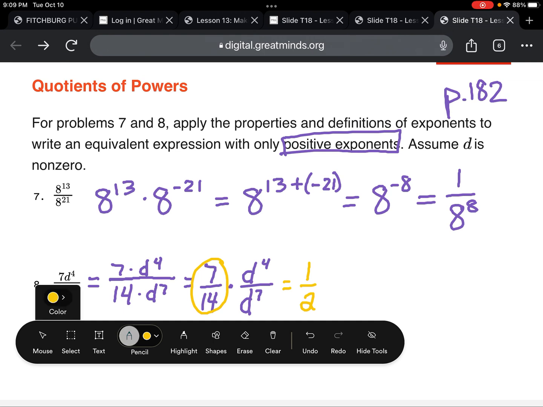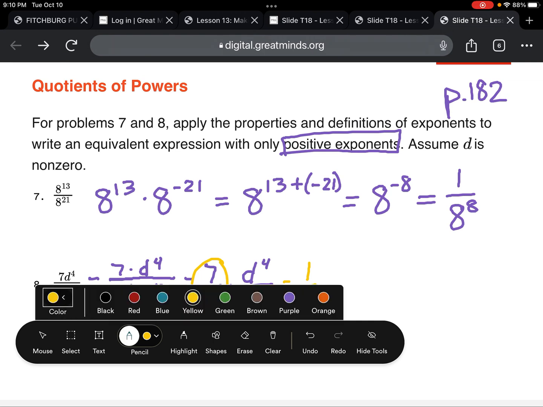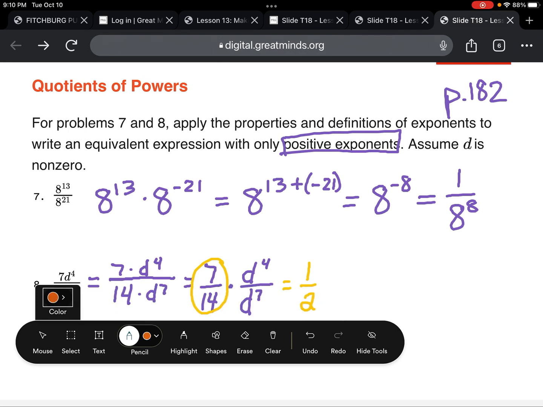And then when I'm looking at my variable, the letter D, with my exponents, I can use that subtraction. So I can say that is equivalent to times D to the 4th times, since this is in the denominator, I'm going to have to make this D to the negative 7th power.